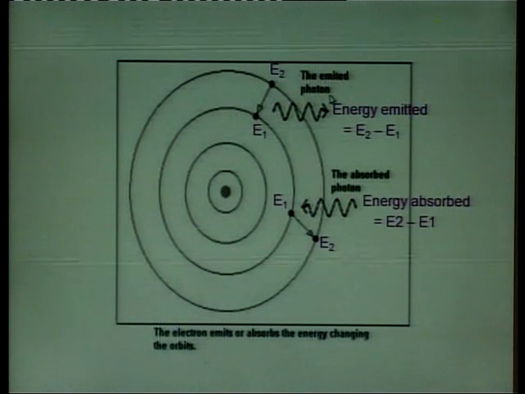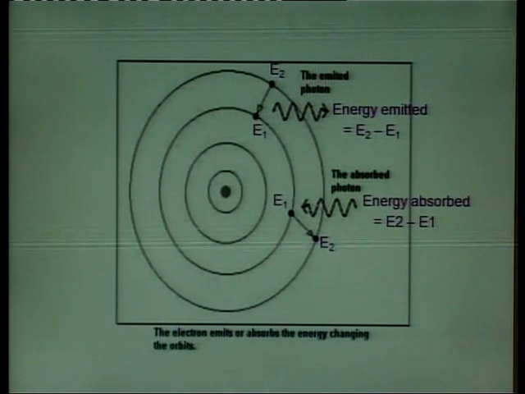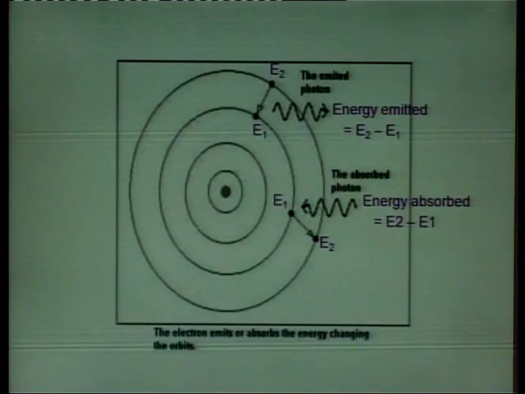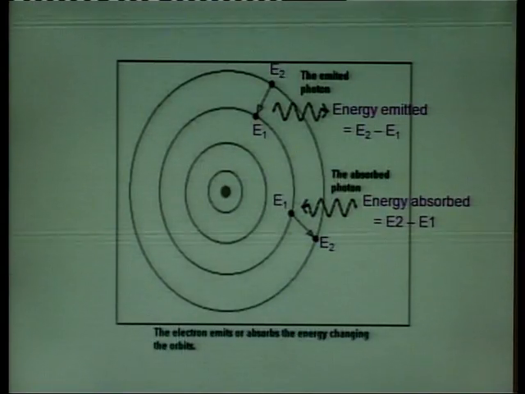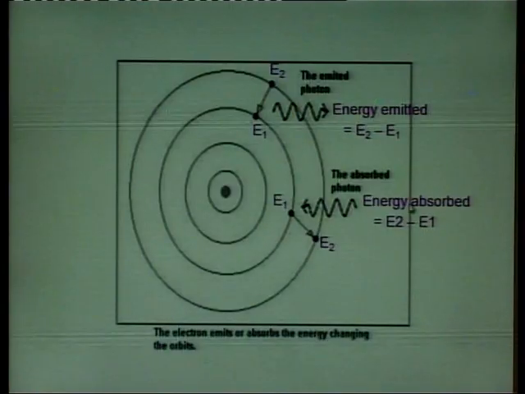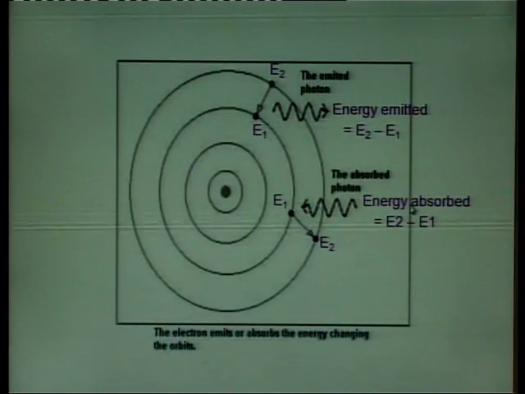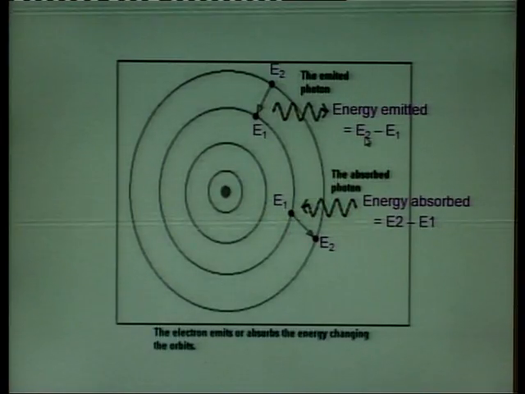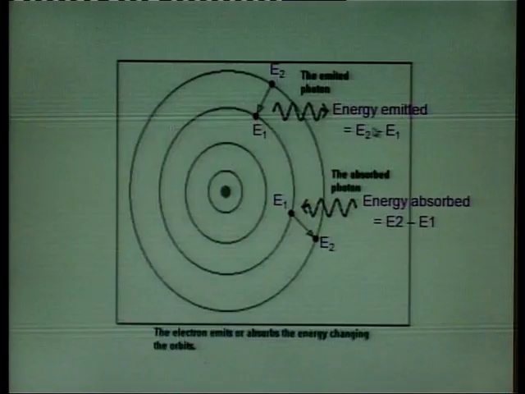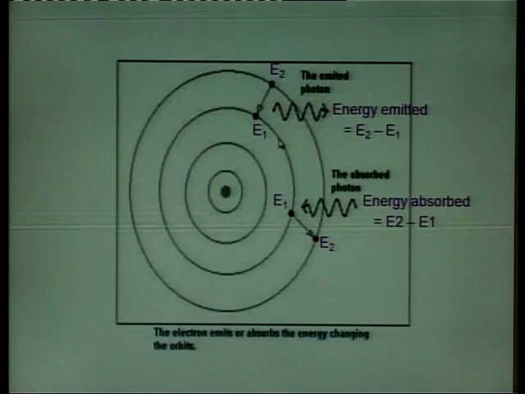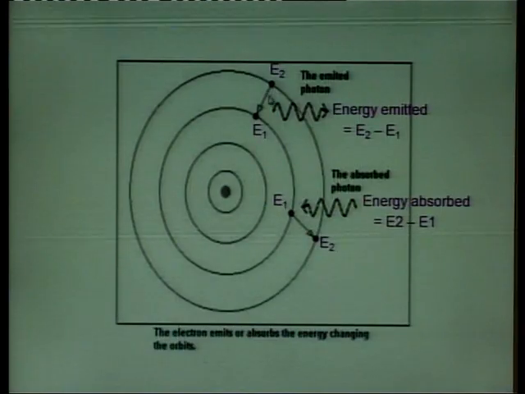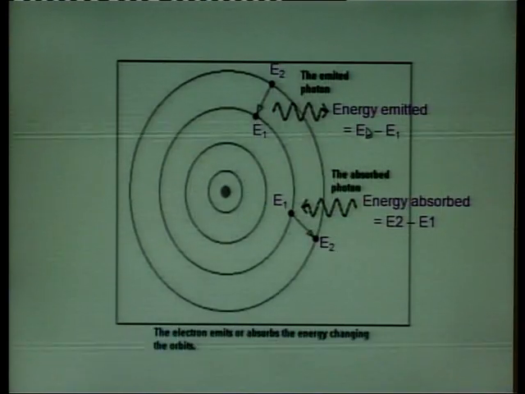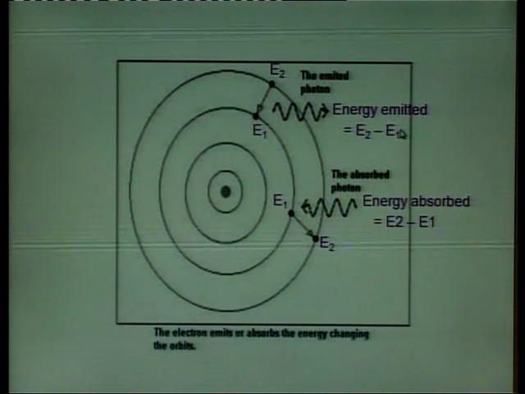The emitted photon, the energy is being emitted as a photon, that is a packet of energy. And the amount of energy emitted or absorbed will be given by the difference between the two energy levels. If E2 is the energy of this level and E1 is the energy of this level, the energy that will be emitted when it moves from E2 to E1 will be E2 minus E1.